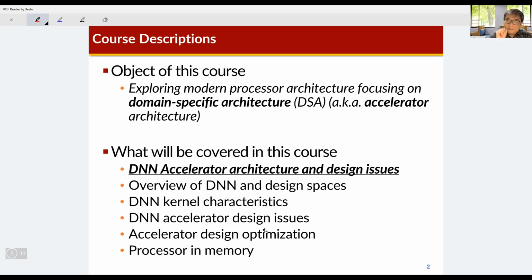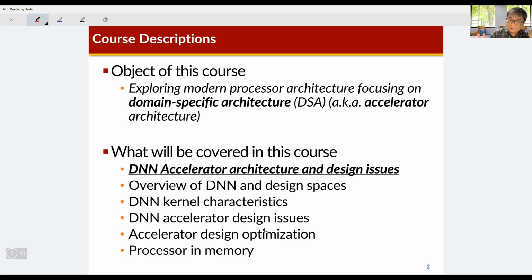And then it's very important. To design the accelerator, we need to specify the main computation kernel of the application domain. As I said, the deep neural network involves heavy computation of matrix operations.